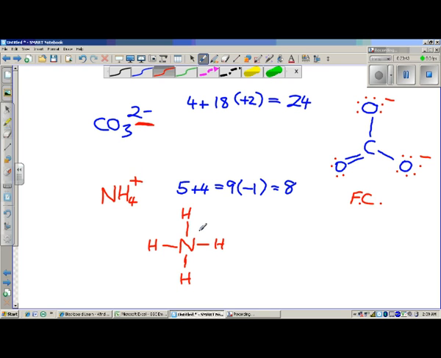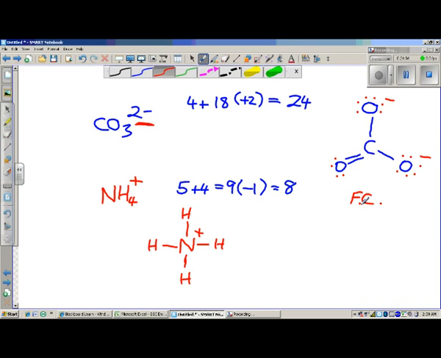How many bonds did we say nitrogen likes to make? Well, that is 3, and it's making 1 bond extra here. So it bears the plus charge to tell you it's a little bit unhappy, just as these oxygens are a little bit unhappy too, because they're bearing 1 bond too few.